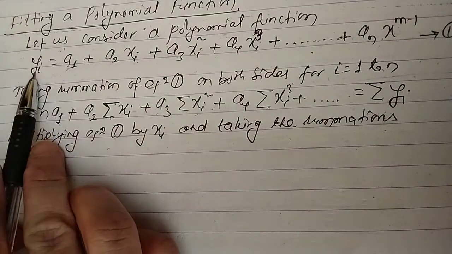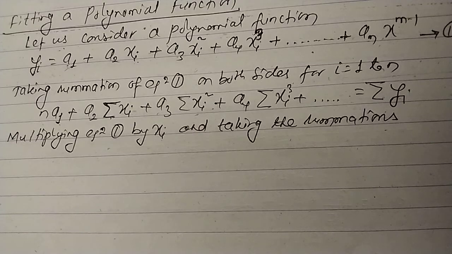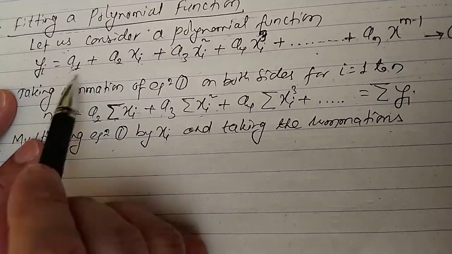So multiply equation 1 on both sides, first multiply with xi and then take the summation.